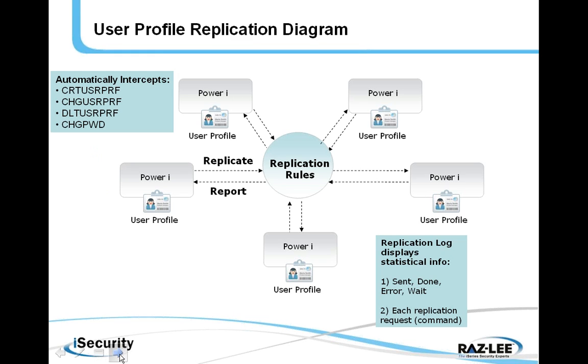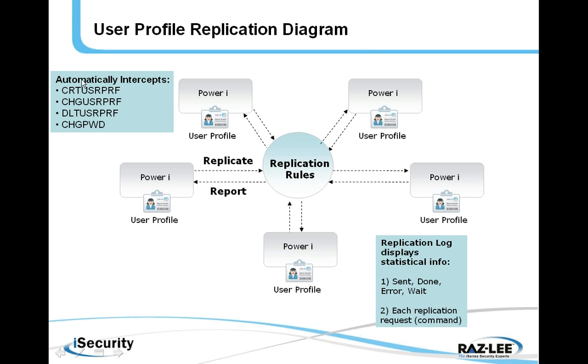In this schematic, we see 5 different systems with user profiles. Here in the center, as it were, we have replication rules which define, for example, if we make a change on this system, what will be replicated to where, and of course, as we mentioned, a report will be sent back to the initiating system so that we can have a full log and audit trail of exactly the changes that were made.